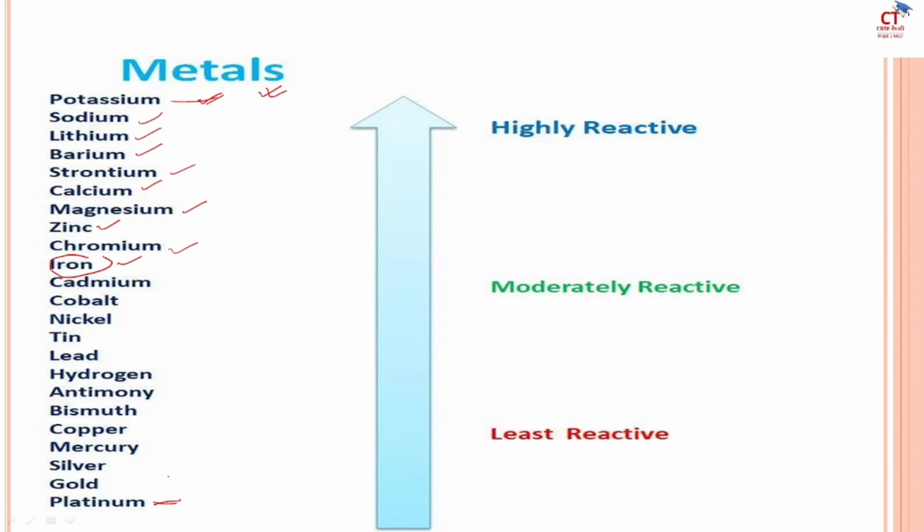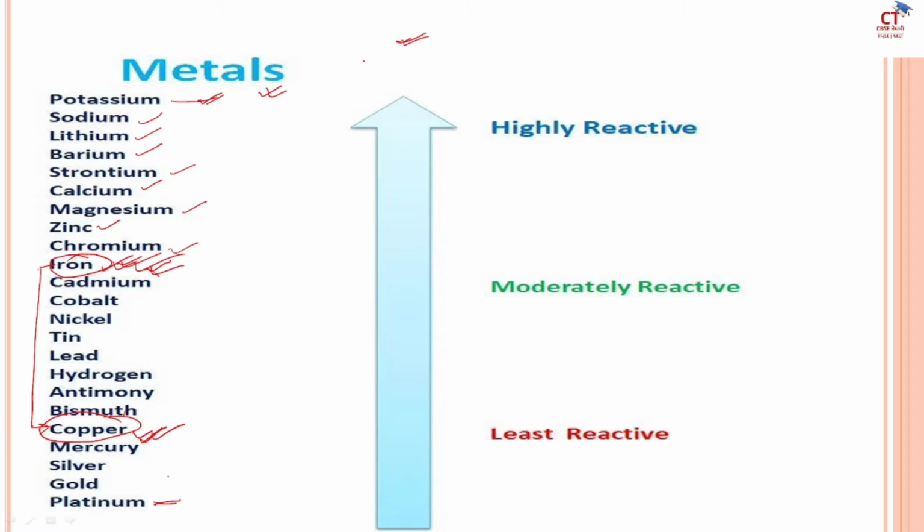See, iron is here and copper is here. Iron is more reactive and copper is less reactive. So in the displacement reaction, copper could easily be replaced by iron, because iron has more reactivity and copper is less reactive.